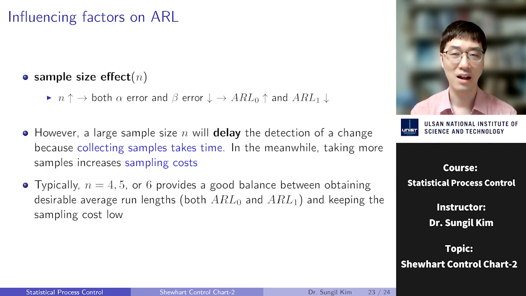However, a large sample size may delay the detection of change because collecting samples takes time. In addition, it may increase sample cost. So in practice, sample sizes of 4, 5, 6 are typical choices for balancing between obtaining desirable ARL and keeping the sample cost low.